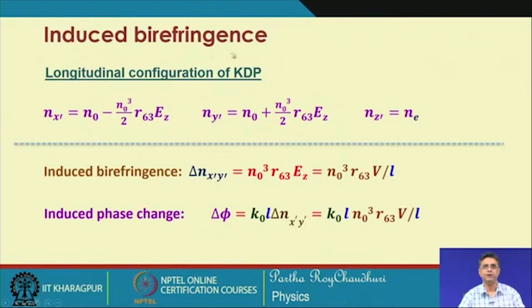So, induced birefringence, in this case we have seen that the new principal refractive index for x, that is n x prime, is equal to this, and the same for n y prime is equal to this, and z prime remains the same, that is the extraordinary refractive index value of the crystal.